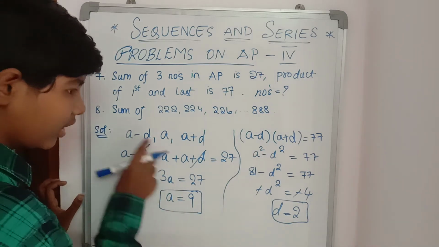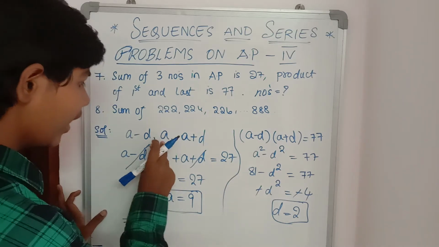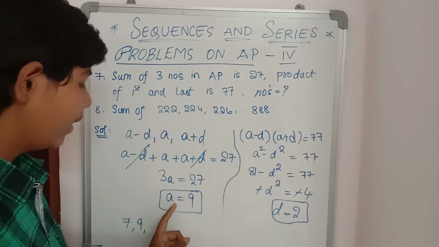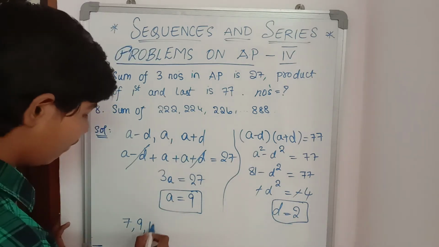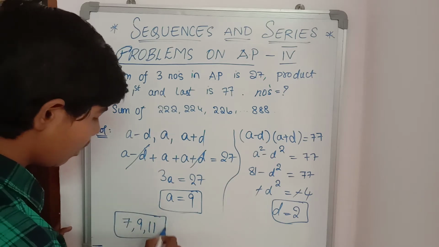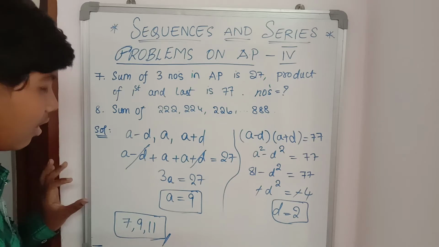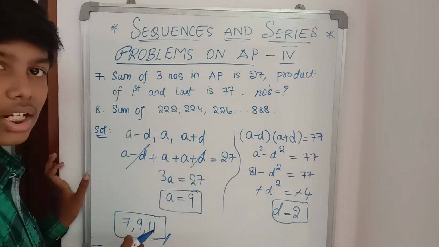A is 9, and A plus D is 9 plus 2, which is 11. So the three numbers are 7, 9, 11.